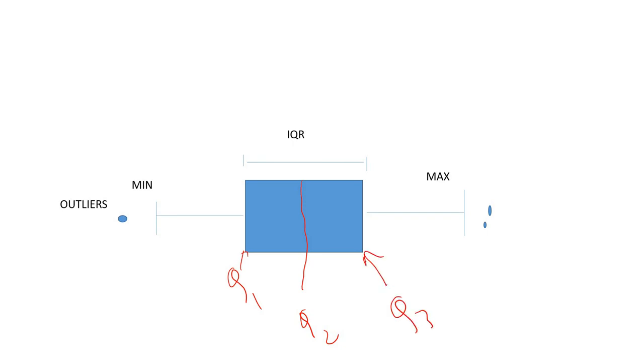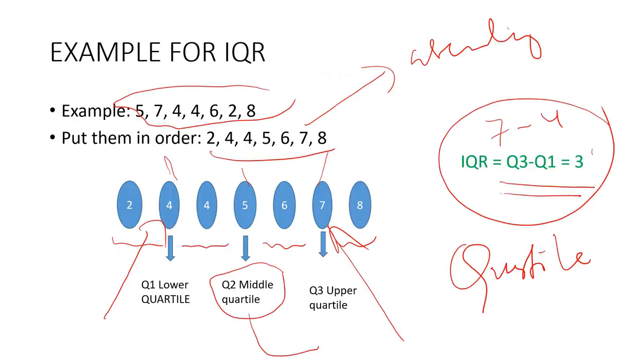So IQR is equal to Q3 minus Q1, and this is the length of the box. In our example, we got it as 3. This distance is known as the IQR, Q3 minus Q1.